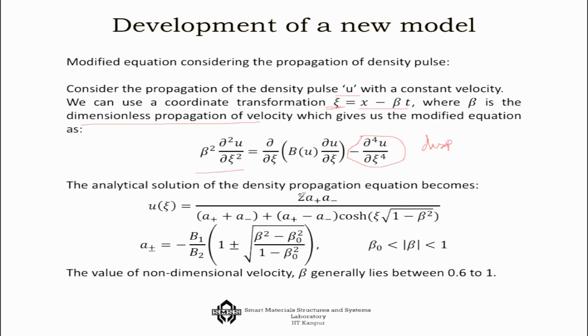So the analytical solution of this density propagation, if you solve this equation, you will get it as u(ξ) in terms of constants a1, a plus and a minus, where a plus and a minus can be expressed in terms of b1, b2 and beta zero. And please keep in mind that beta is a non-dimensional velocity which generally varies between 0.6 and 1.